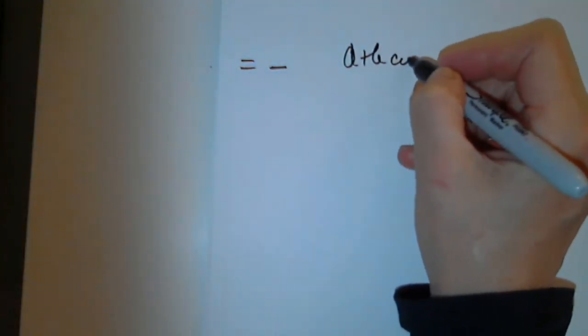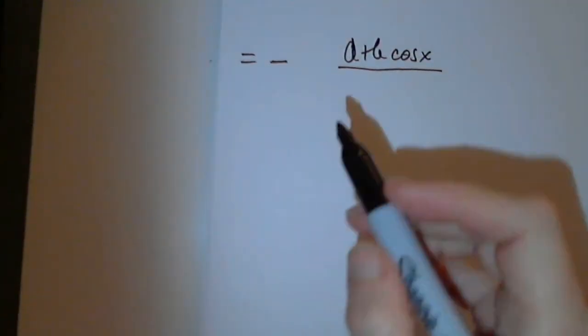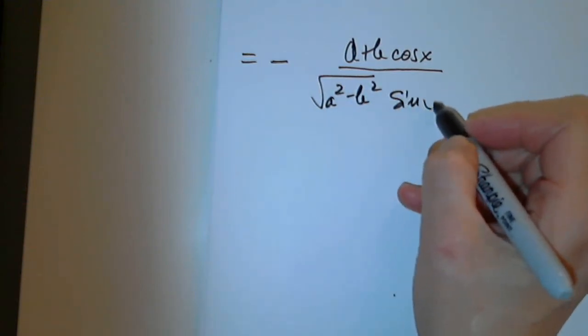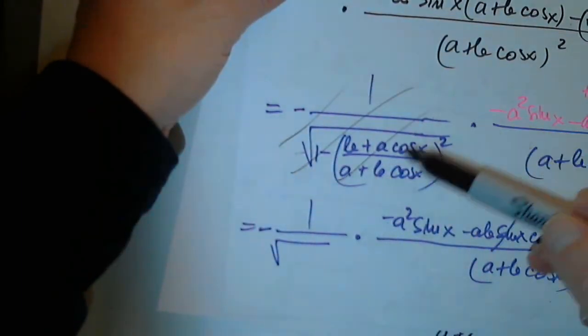So it's a plus b cosine x over the square root of a squared minus b squared times sine x. This is all this.